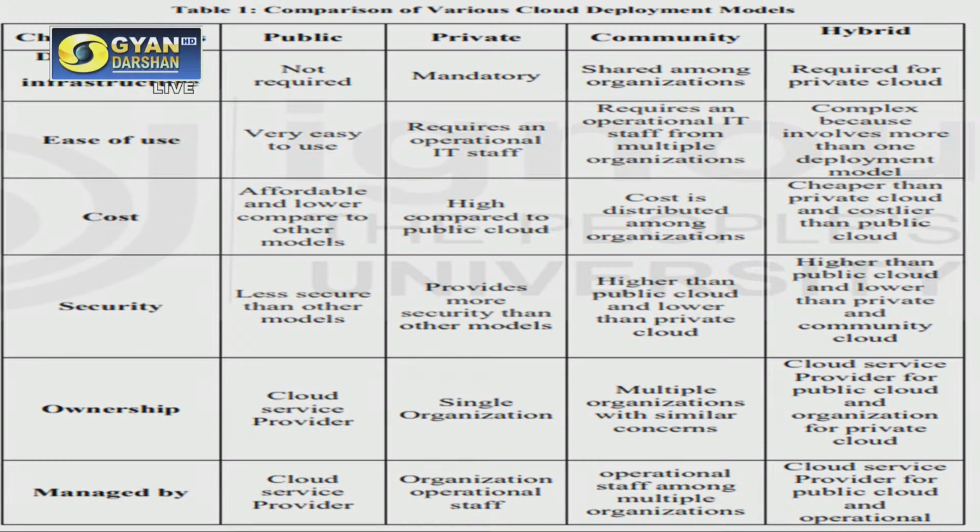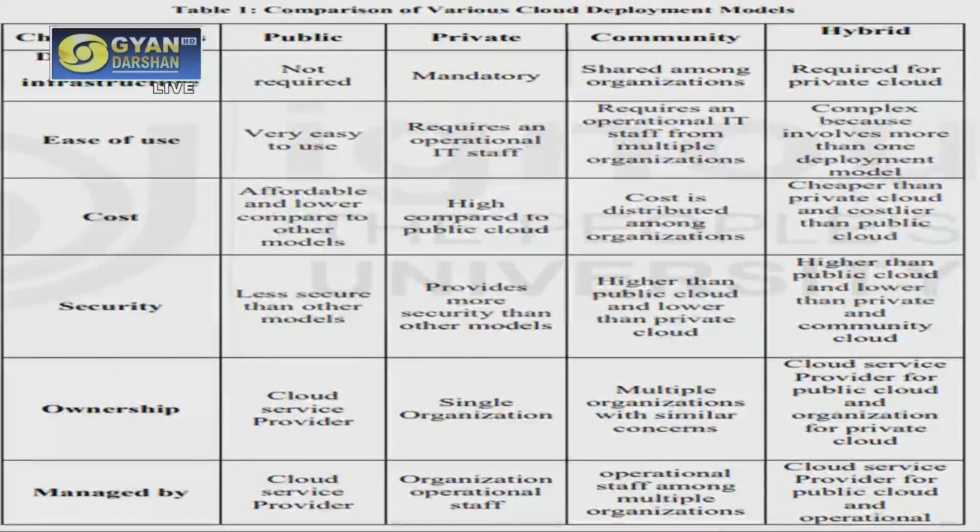Subsequently, the next feature in choice of the cloud is your security. As we had already discussed, the number of users in the public cloud is on the higher side, and security is not the prime concern. So if security is not a prime concern, then it is better to opt for the public cloud.